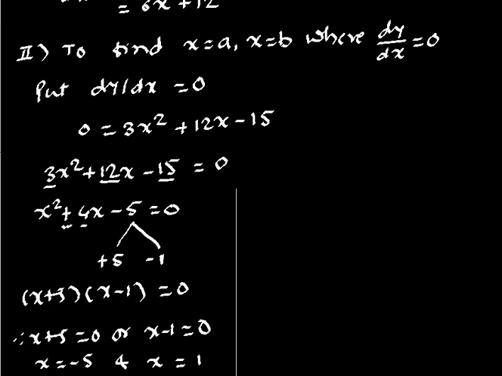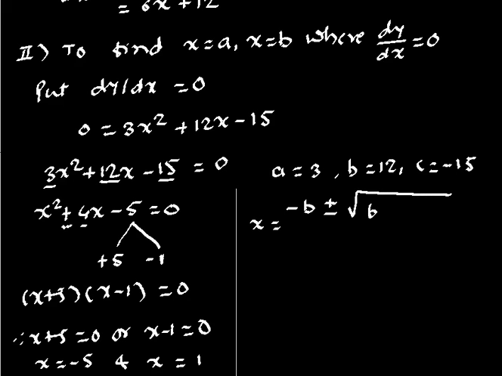For some students this is a bit difficult. For them there is easier method, that is a is equal to 3, b is equal to 12, c is equal to minus 15, and x is equal to, this is the formula for root of quadratic equation, minus b plus or minus under root b square minus 4ac upon 2a.